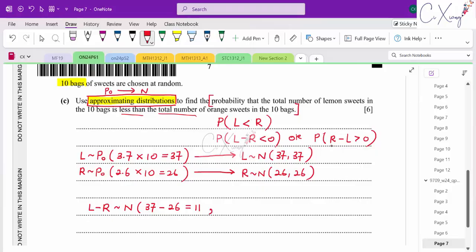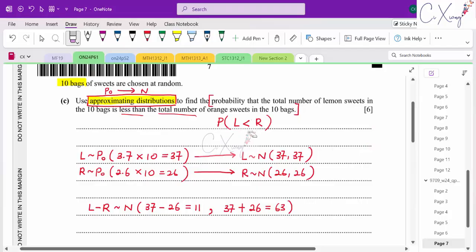Then how about the variance? The variance of L is 37. For variance, there's no minus; it is always a plus. Then the variance of orange is 26. Therefore, when you add them together, you get 63. So this is the mean for L minus R, and this is the variance for L minus R. I hope that you are fine until this part.